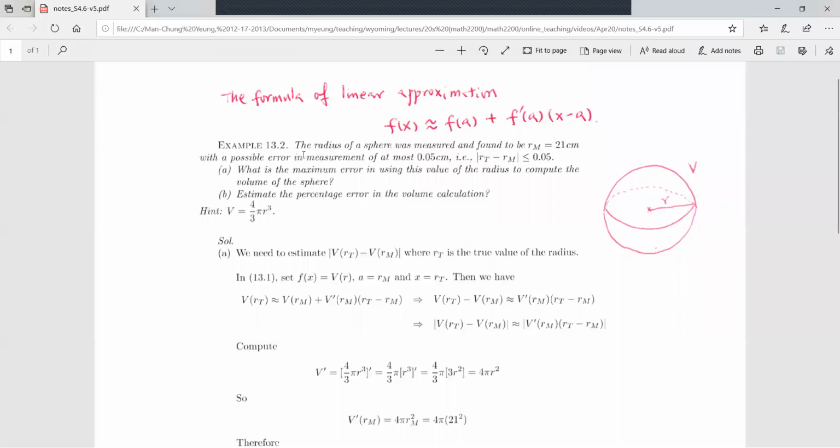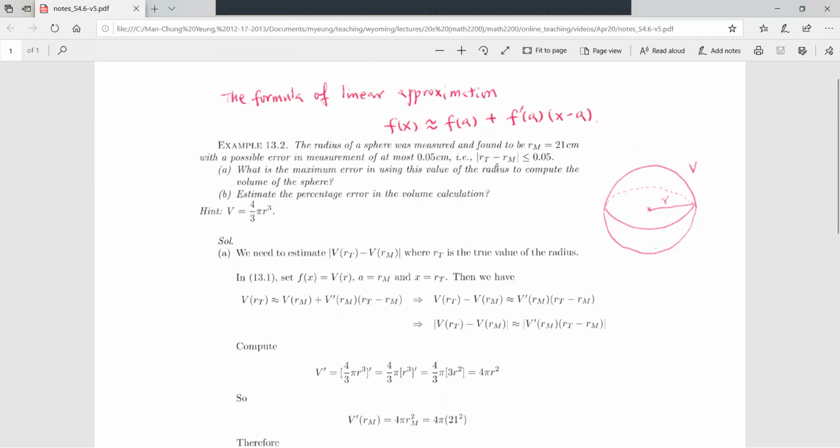Example 2. The radius of a sphere was measured and found to be 21 cm, with a possible error in measurement of at most 0.05 cm. Here I use RM to denote the number 21. M means the measured value. A possible error in measurement of at most 0.05 means this inequality.